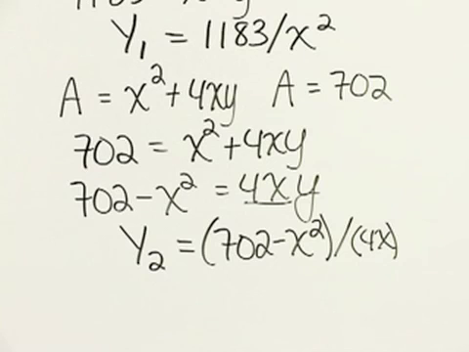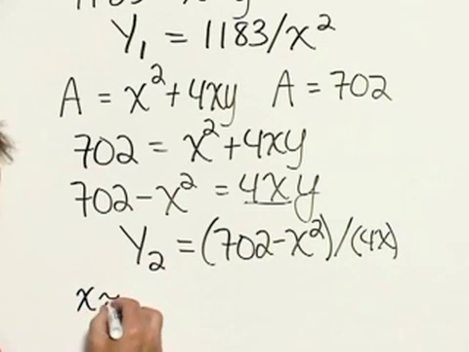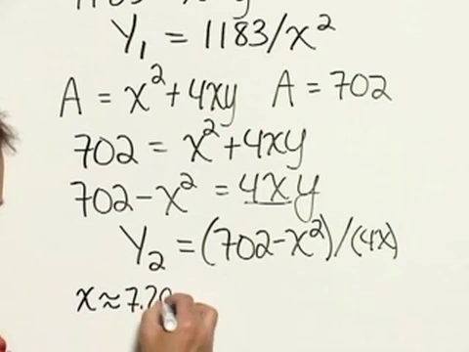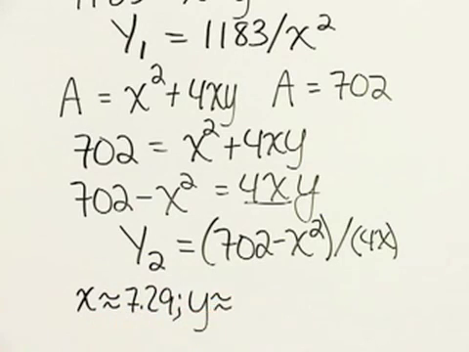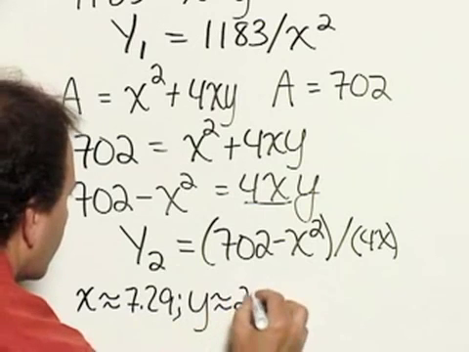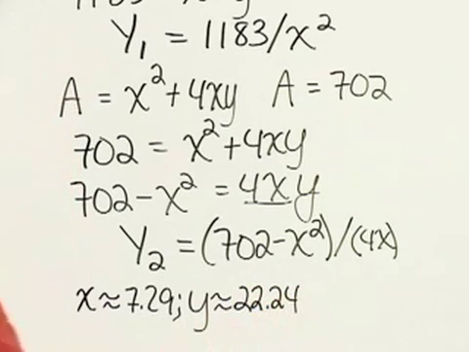So having found the points of intersection, let's write those solutions on the board. We have one set of solutions, which is x is approximately 7.29 and y is approximately equal to 22.24.